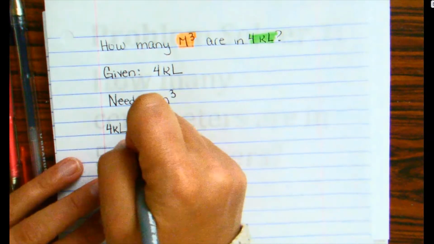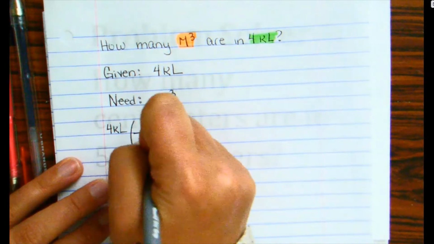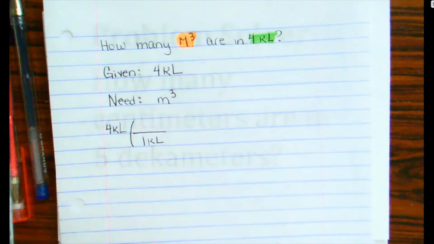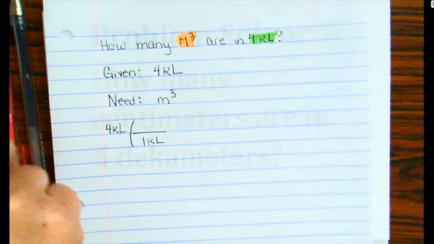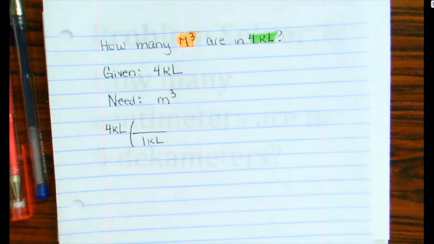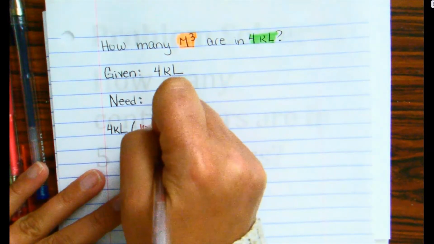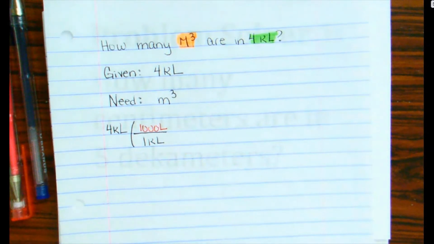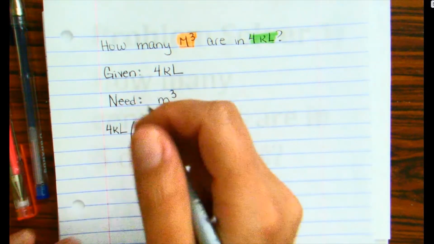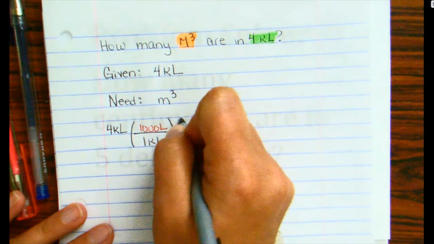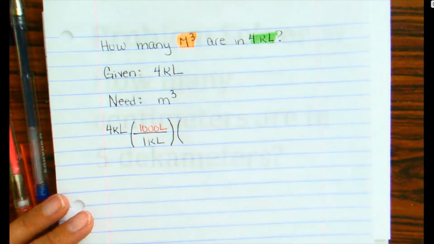We're going to take it to the base unit because it's easy to go to the base unit. We know that for every 1 kiloliter, you have 1,000 liters. Now we're at liters, so we can convert to milliliters.